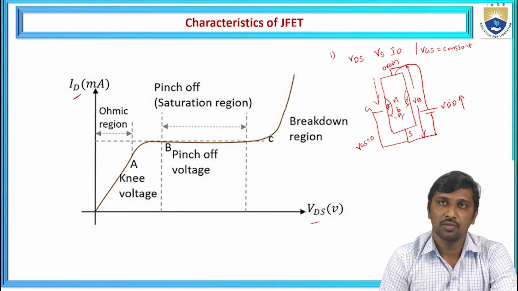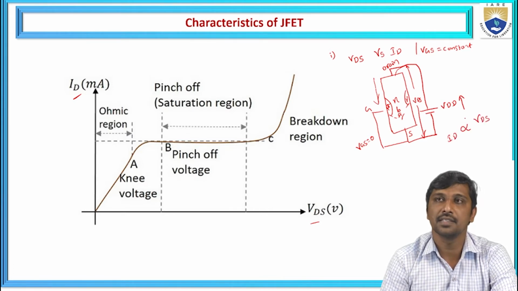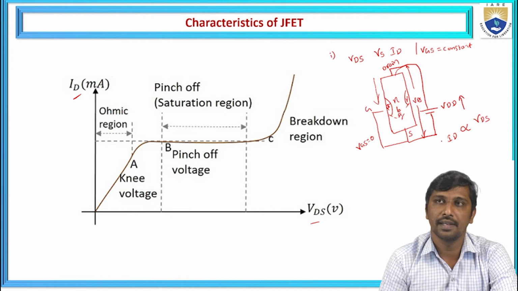So if we go on increasing this voltage, as we already discussed, the drain current is directly proportional to VDS. Means if a small amount of biasing voltage is applied between the drain and source, the drain current also becomes minimum.